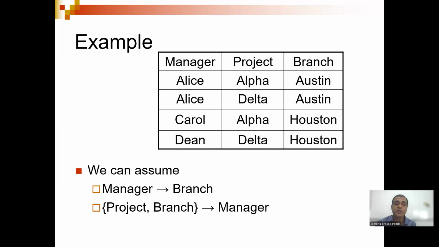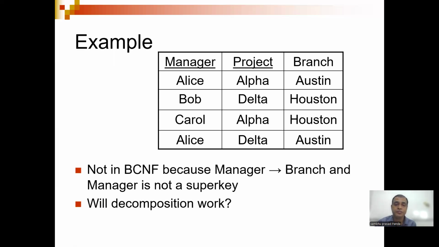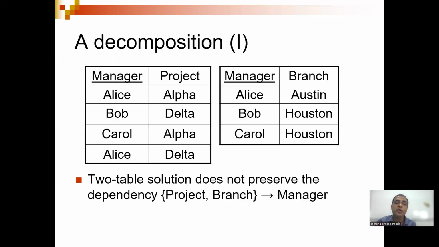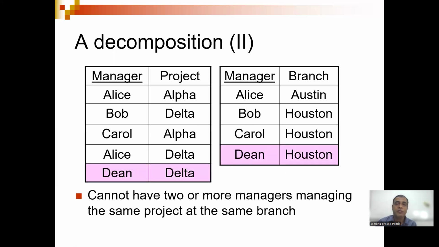Project and branch determine manager. So it is not in BCNF because manager determines branch and manager is not a super key, because it is repeated. So we will decompose the relation. We will do the decomposition: manager and project, manager and branch. Manager is the primary key. This is the idea.